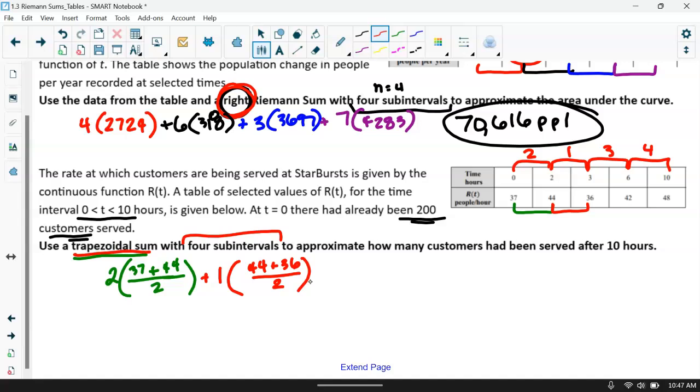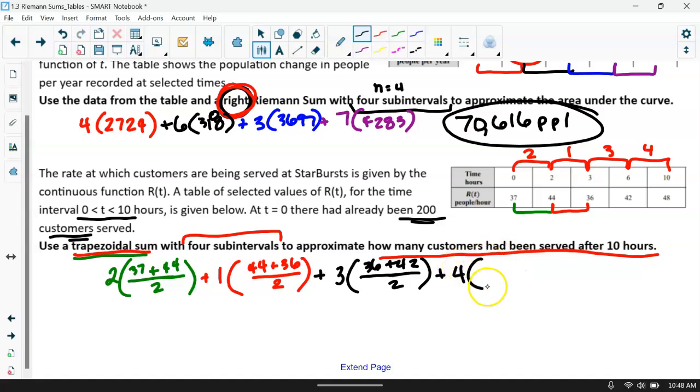How many customers had been served? So how many customers had been served after 10 hours? And let's see. So here you should have finished plus the next subinterval had a width of 3 times 36 plus 42 divided by 2 plus the last subinterval had a width of 4 times 42 plus 48 divided by 2.